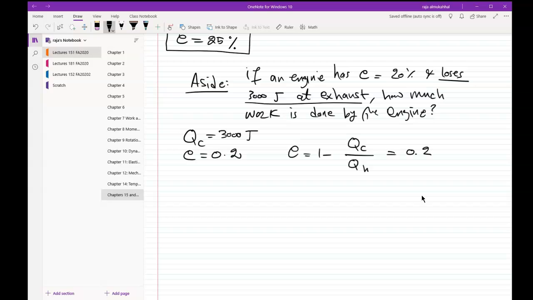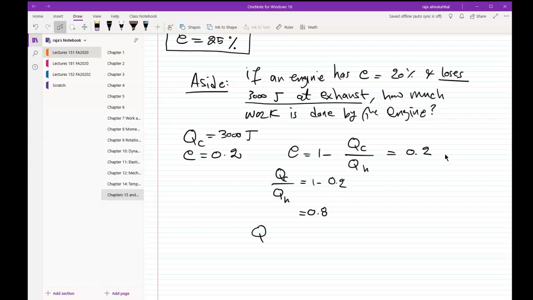Let me do the algebra and solve for QH. I can move this one to the other side. If I do it in one shot, I get Q sub C over QH equals 1 minus 0.2, which is 0.8.